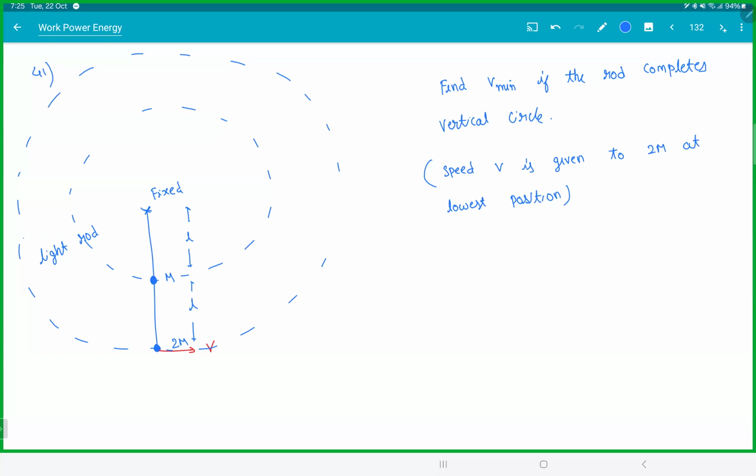Any other answers? What is the catch in the question? The trap in the question is, what is the same for both the particles?